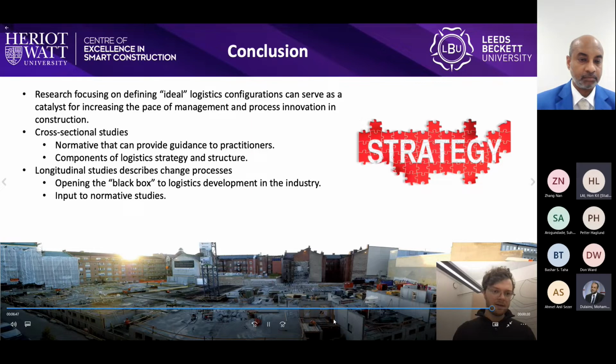So, for instance, by opening the black box of what is happening beyond the strategy and structural elements that are identified at a certain point of time, to see how change actually happens and how organizational structures and strategies and new logistics processes form over time.